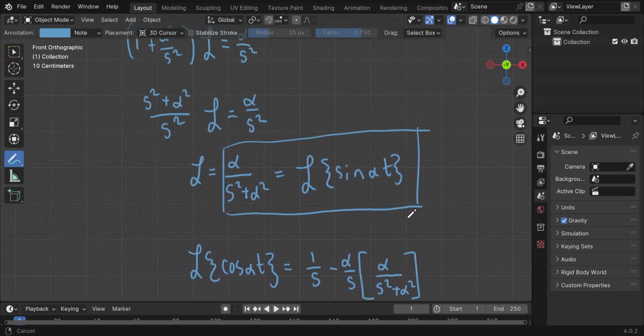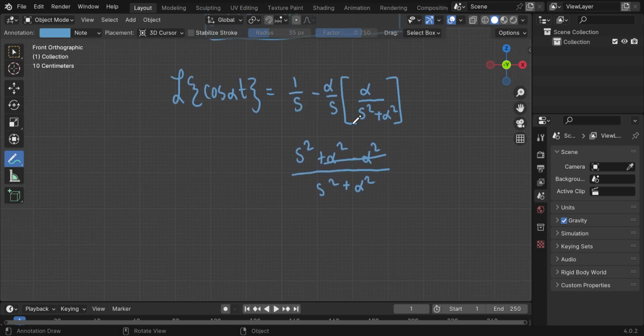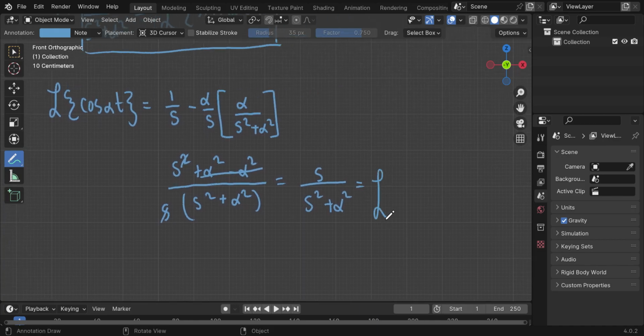I forgot to, I didn't distribute the s, so there's still an s down here, and that s cancels with one of those in the numerator, and so you're left with s over s squared plus alpha squared is equal to the Laplace of the cosine alpha t.